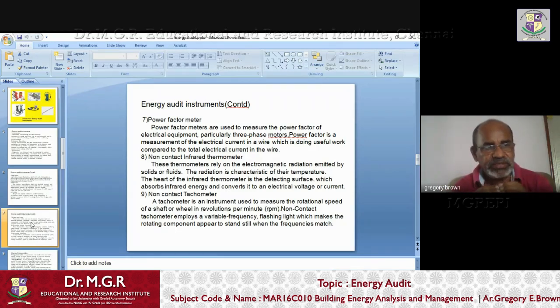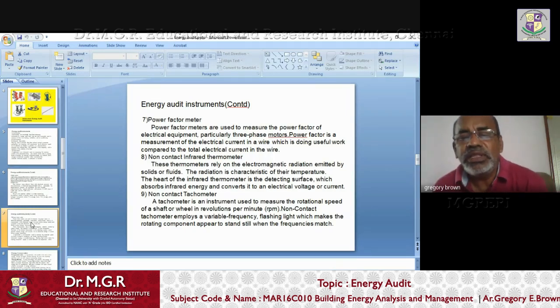And when you do an audit check, you find that it is doing only 60 revolutions for the same 100 watts of power, then definitely it is having an issue. So we are able to find out that something has to be done to change that. It is wasting power, wasting energy.